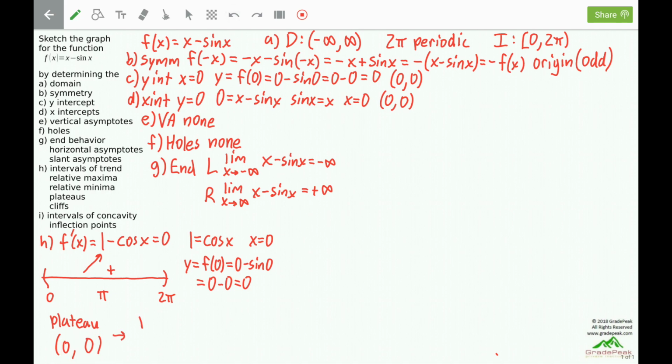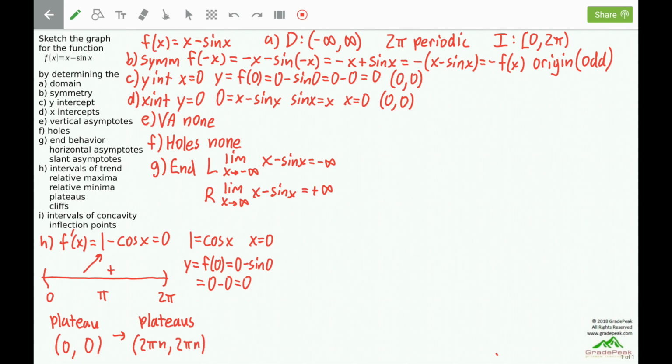By doing this, we will find the location of the infinite number of plateaus. It will be 0 plus 2 pi n, which is 2 pi n, and then 0 plus 2 pi n for the y-coordinate, because f of x equals x combined with a trig function.